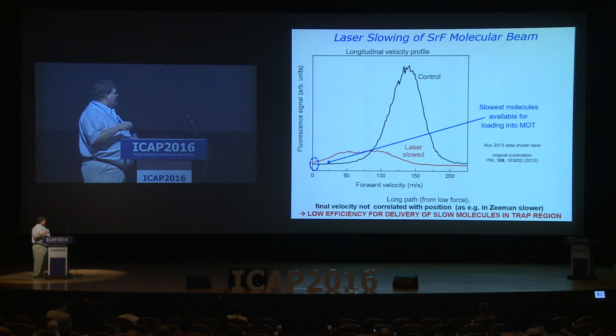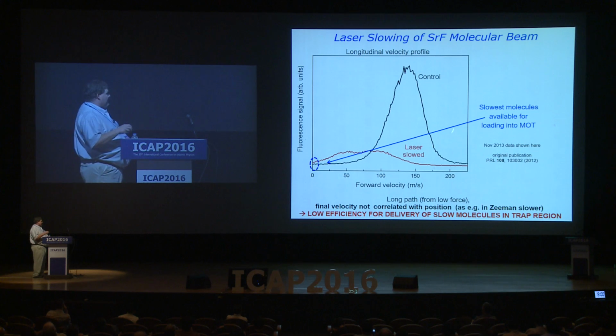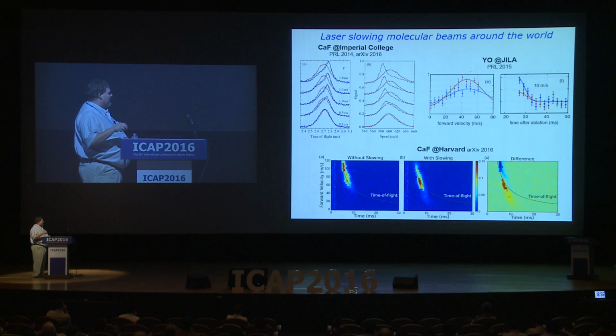Right, so it's worth pointing out, though, that this white light slowing technique is quite inefficient in terms of delivering slow molecules to a trap region because the final velocity is not correlated with the final position as it is for a Zeeman slower. So this longitudinal slowing remains, I would say, the weakest point in this whole program of molecule trapping and cooling, and good ideas are needed to find better ways to do this.